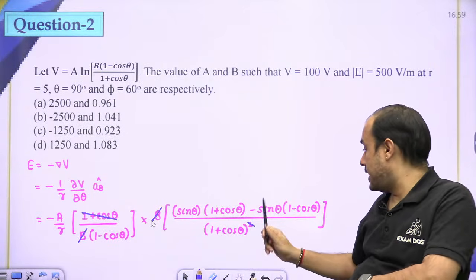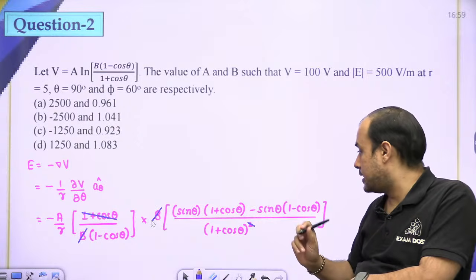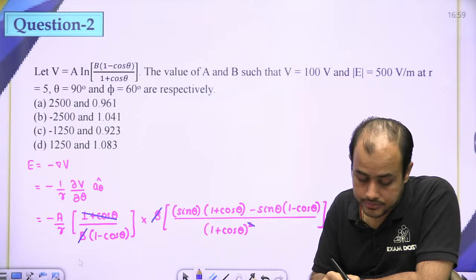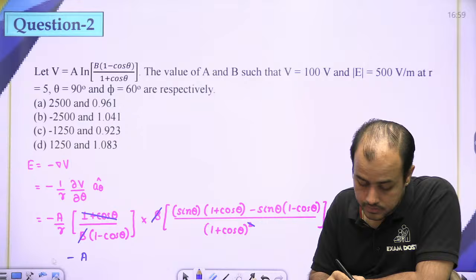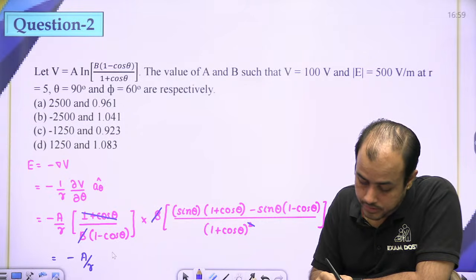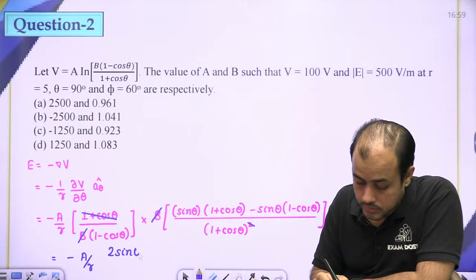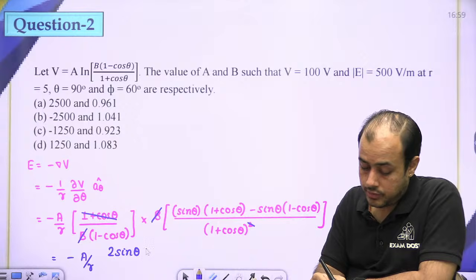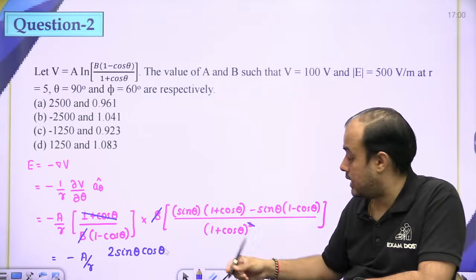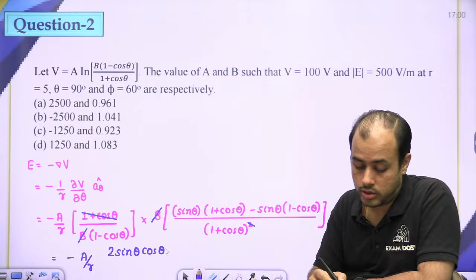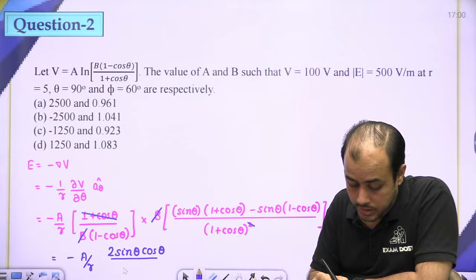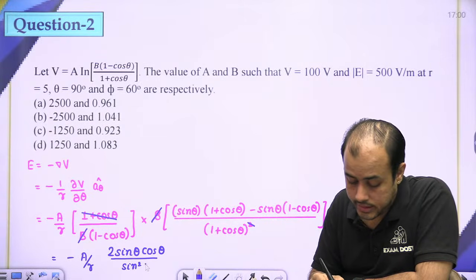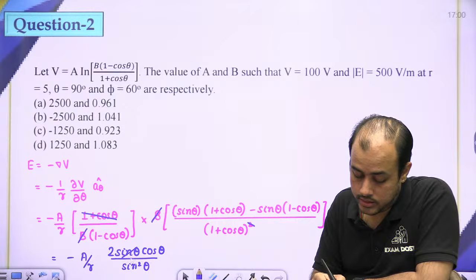Sin theta plus sin theta cos theta minus sin theta plus sin theta cos theta. Now beta, this 1 minus cos square theta, 1 minus cos theta times 1 plus cos theta will be 1 minus cos square theta, that is sin square theta.